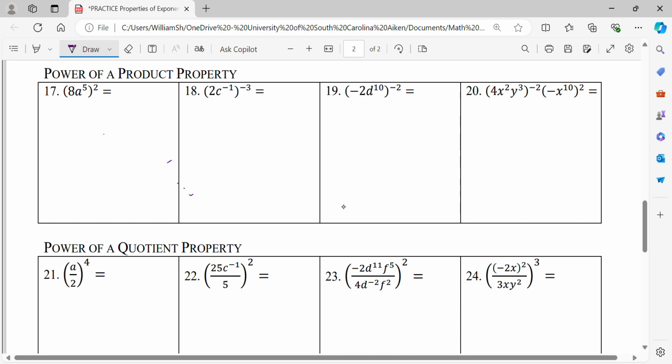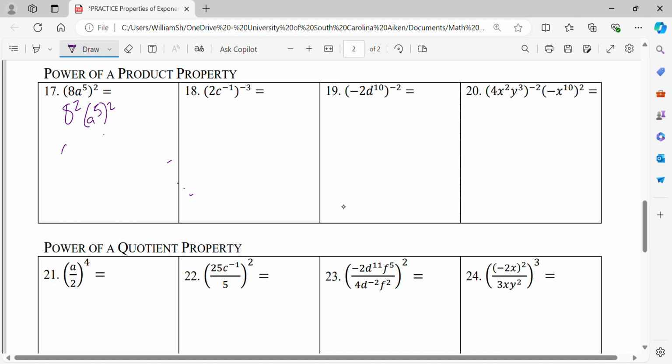All right. So the first one, number 17, says 8 times a to the fifth, all to the second power, or all squared. Now keep in mind, because this is in parentheses, this square needs to go to both of these terms. So technically, this is the same thing as 8 squared times a to the fifth squared.